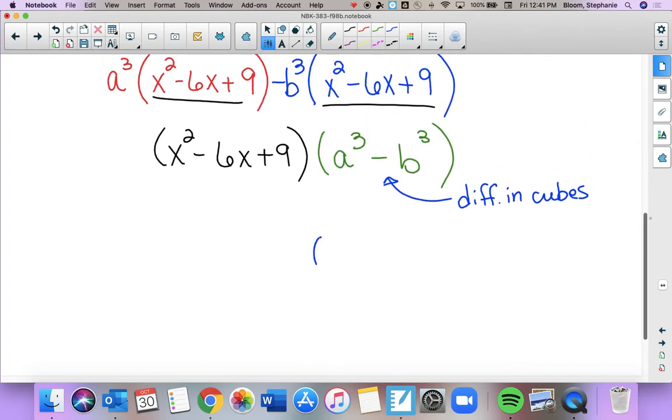So when you do the difference in cubes, you have your binomial and then your trinomial. Again, we're just following that formula. What's going to go in my binomial? A minus b. And in the trinomial, I will have a squared plus ab plus b squared, okay? And then I'm going to bring this down.